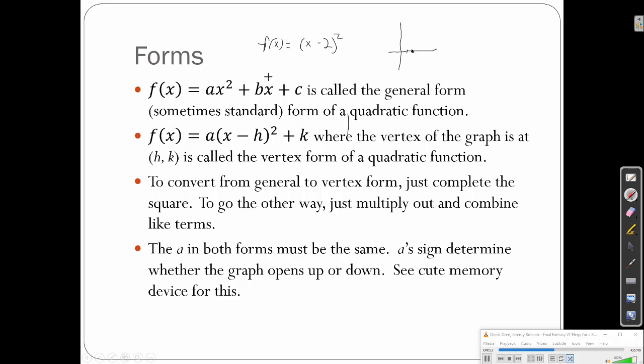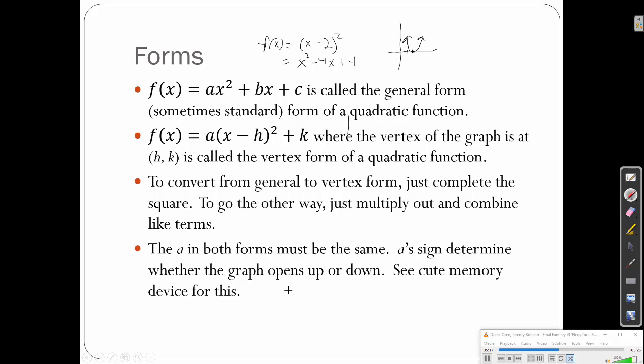The a's in both forms, this a and this a, are the same. In fact, you can see that if I multiply this out, this will be x squared minus 4x plus 4. A here is 1, a here is 1. And the sign of a actually determines whether it's an upward or downward facing parabola. This was an upward facing parabola because a was positive.